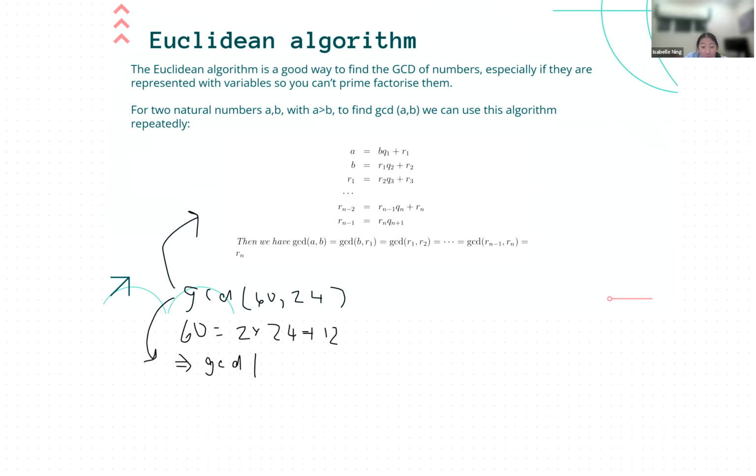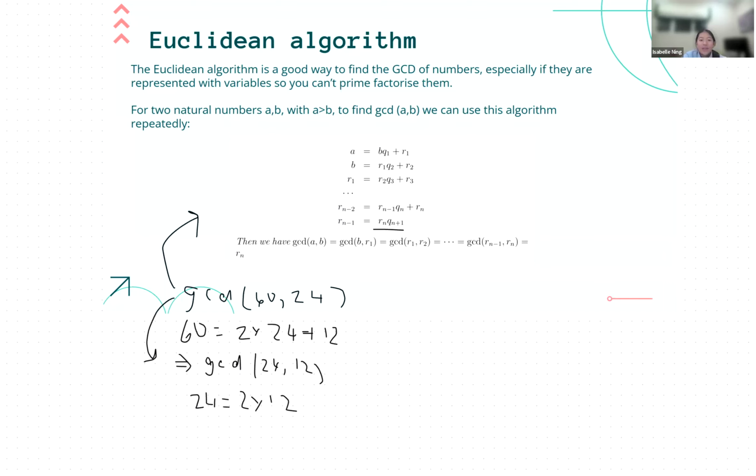I will prove this later. And then you can write 24 as 2 times 12. Therefore, the greatest common divisor of 24 and 12 is just 12.